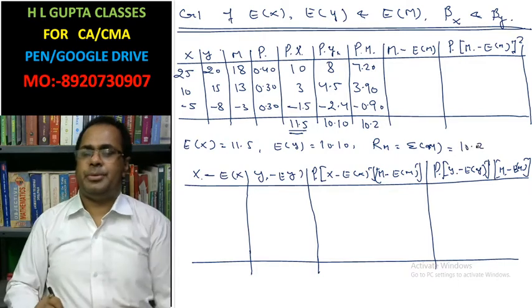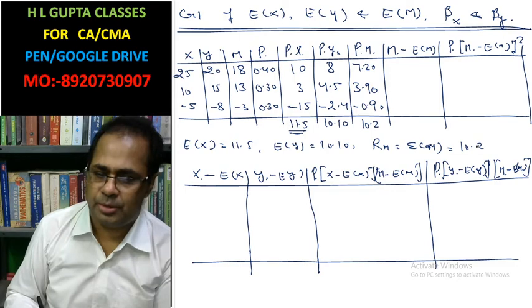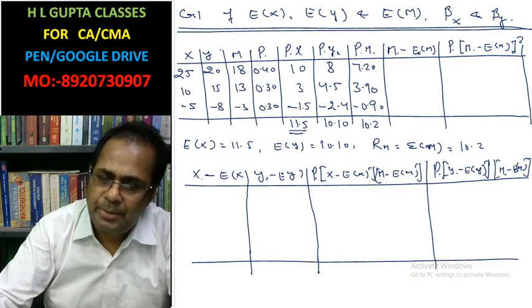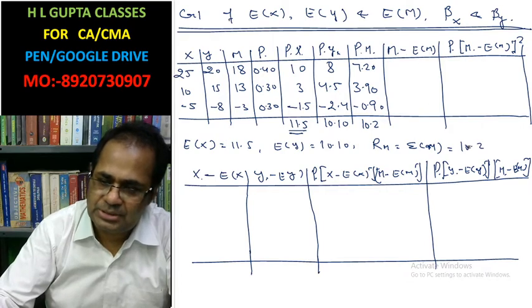This information is given here. Okay. Now you have to calculate Mi minus expected M. Expected M is 10.2.